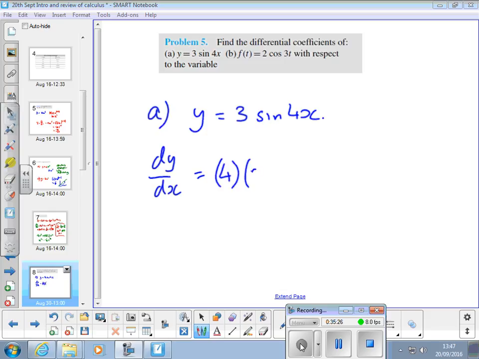That stays at 3. Four remains, and x remains. And multiply that out. 3 4s are 12 cos 4x. Yep. Okay. Rest assured, you ain't going to get anything as easy as this in your exam.